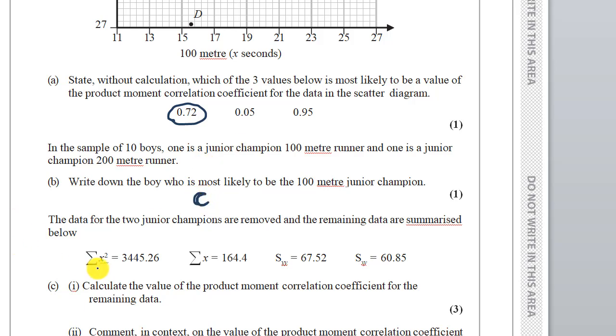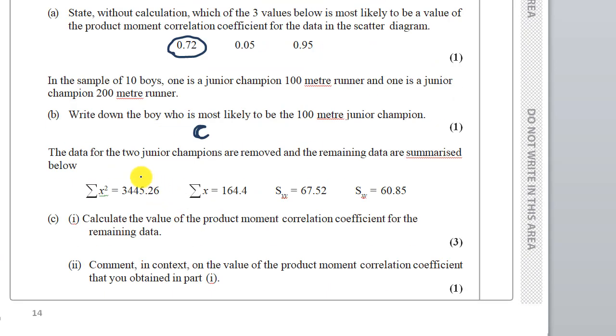Now, the data for the two junior champions are removed, and so we remove 2 from the data, and the remaining data is summarized below: sigma x squared, sigma x, SYY, and SXY.